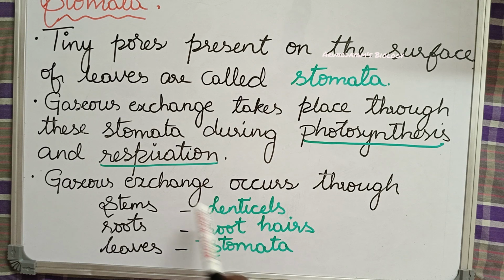Just like stomata, woody stems also have small tiny pores called lenticels, and through these lenticels exchange of gases takes place in woody stems. And in roots, they have small hair-like structures called root hairs, and through these root hairs the plants perform exchange of gases even in the soil.